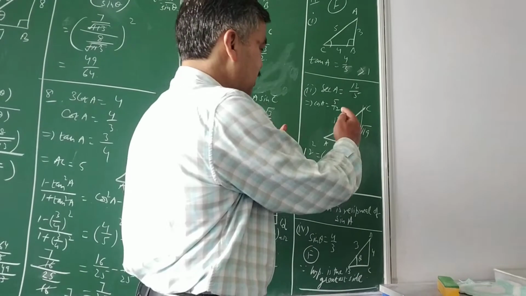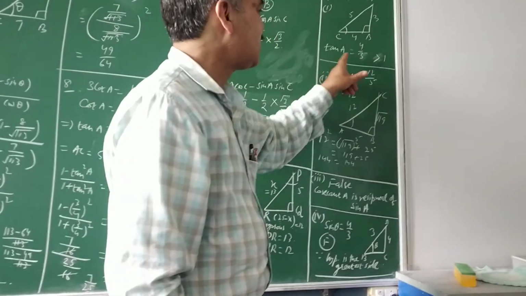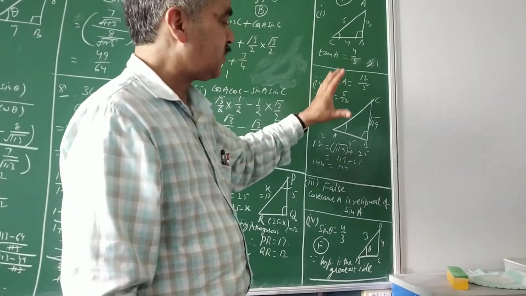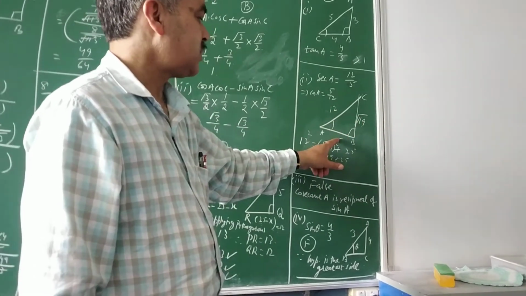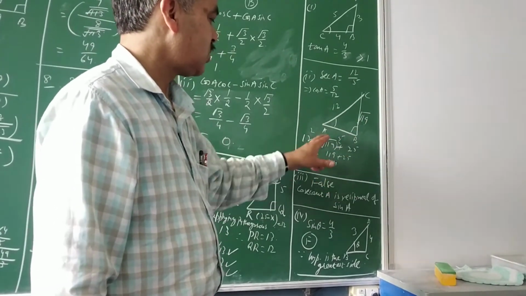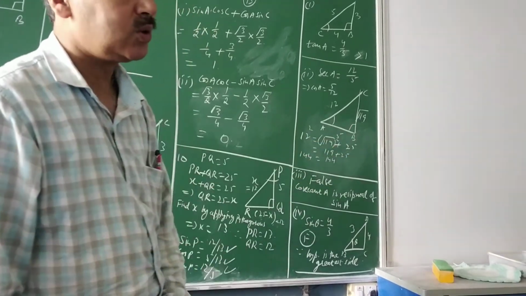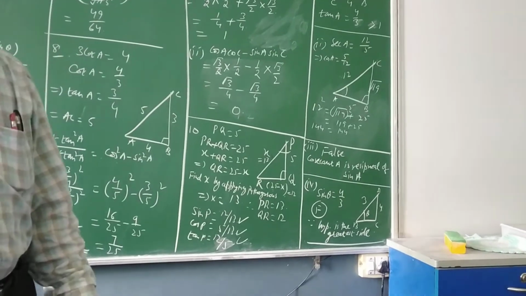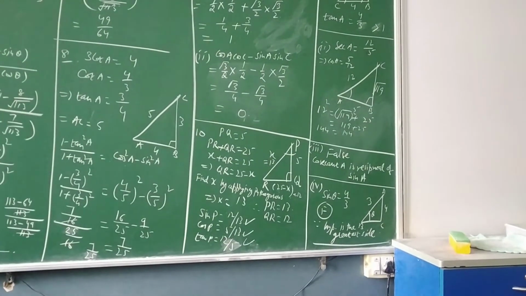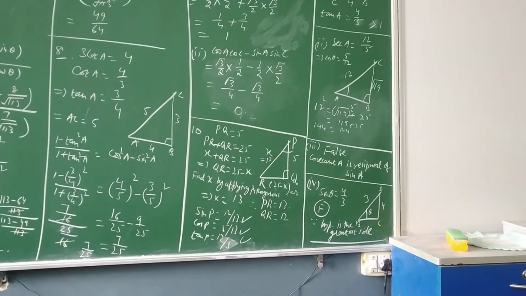If the Pythagorean relation is satisfied, then this is possible. Hypotenuse square is equal to perpendicular square plus base square; if you check this calculation, the left hand side equals the right hand side. Hence this is true.